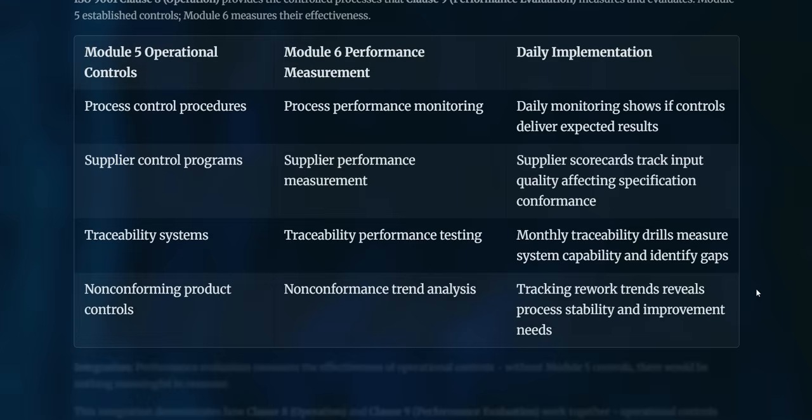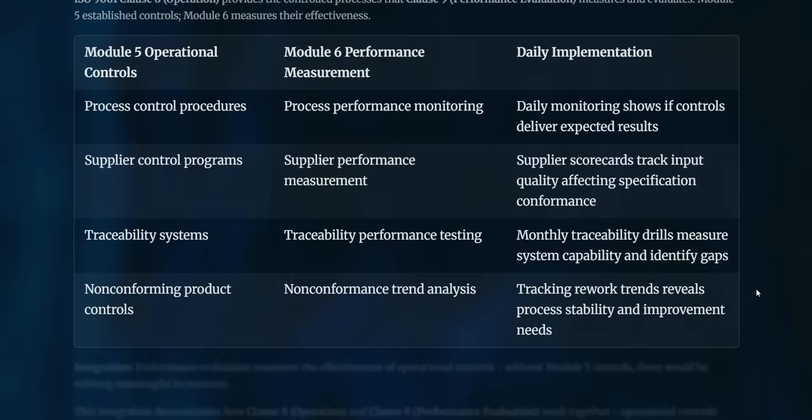Module 5 provided the supplier control program, and Module 6 performance measurement provides supplier performance measurement, and daily implementation includes supplier scorecard tracking of inputs affecting specification conformance. Thirdly, Module 5 operational control provided the traceability system, and Module 6 performance measurement provides traceability performance testing.